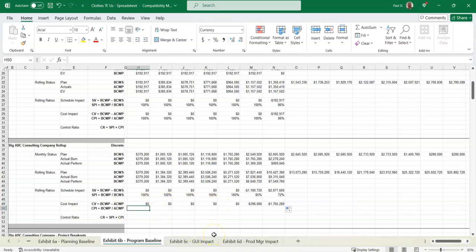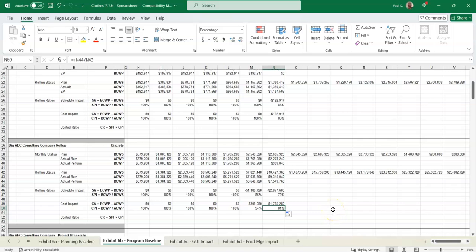So I'll do the CPI, which shows it as a ratio, BCWP divided by ACWP. Show it as a percentage, and I'm good for the first 5 months, and then all of a sudden I have a CPI of 81%, which is usually considered red.